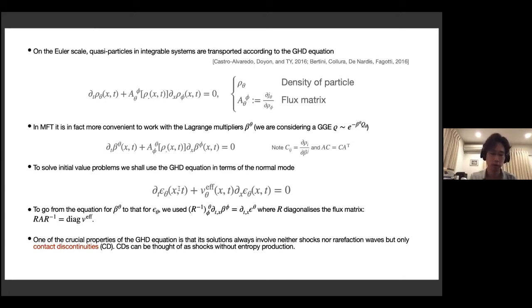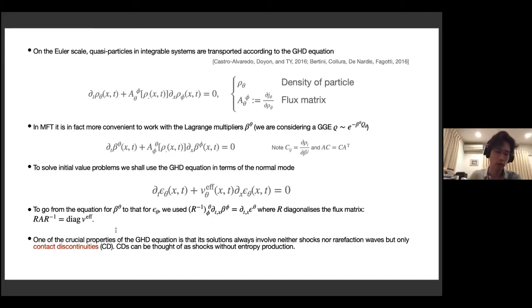I'm not writing down its definition because it's not relevant, but it suffices to note that there's a transformation relation between beta and epsilon like this, where R diagonalizes the flux matrix in this way, with the effective velocities being the eigenvalues of A.